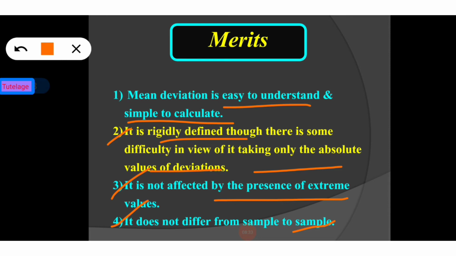So that's why if we calculate the mean deviation from different sets of samples again and again, every time you get the same result, so that means it doesn't differ from sample to sample and it has sampling stability. Clear? So now move on to the next slide.